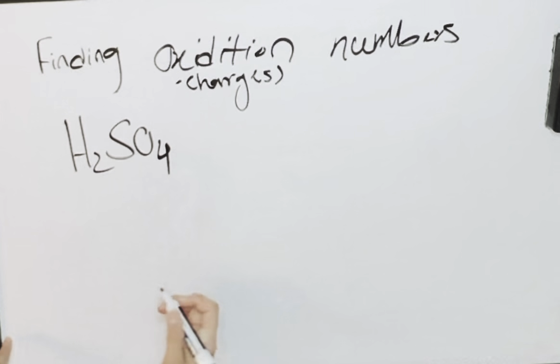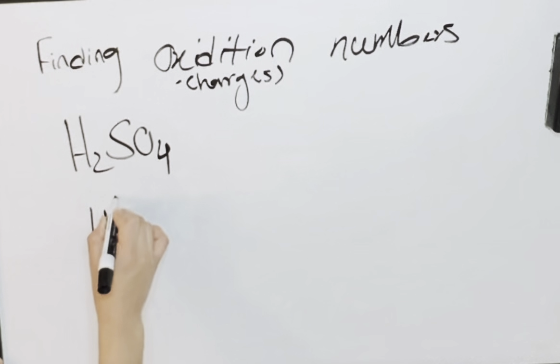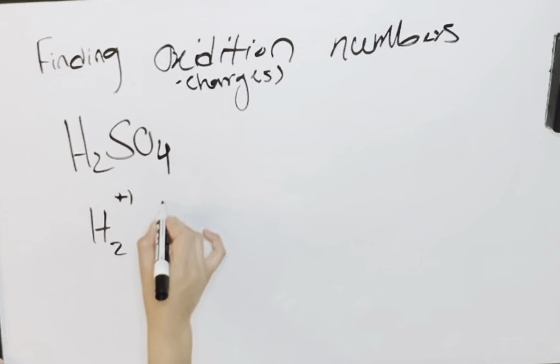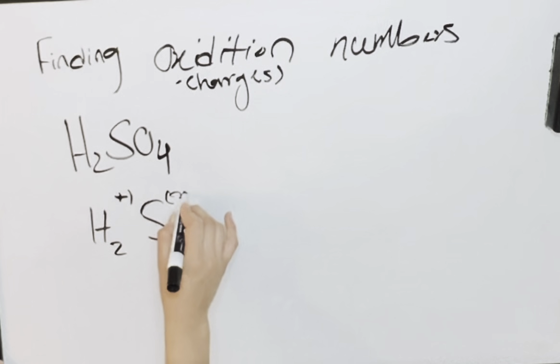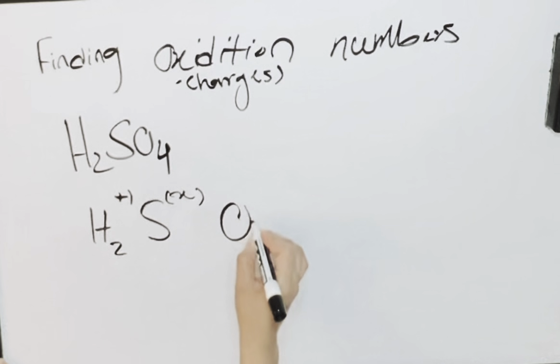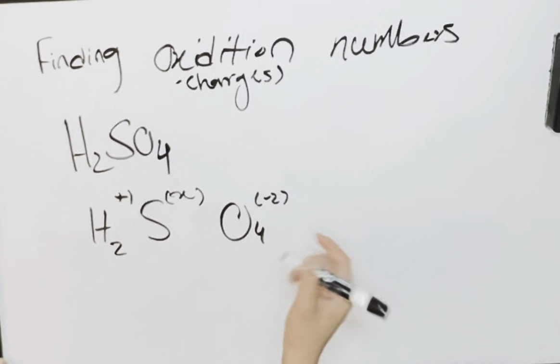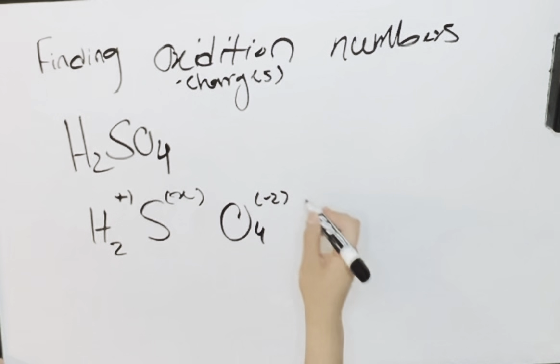Now, the easiest way is to just write down every single charge with the subscript. We don't know this one, it's X. We know that's -2. And the whole thing should equal 0.